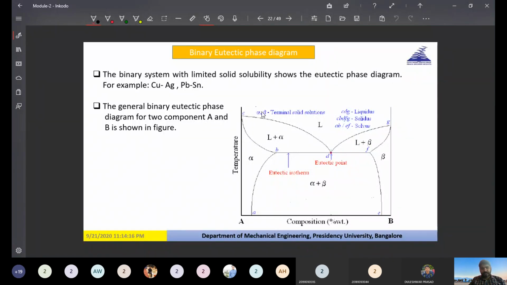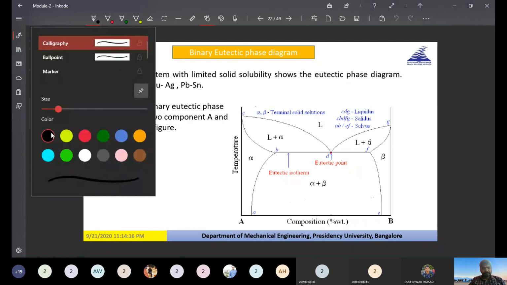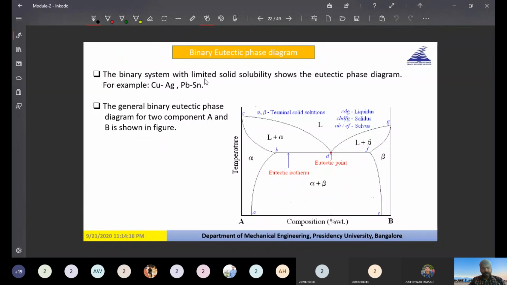And we have also learned about the isomorphous diagram, in which we, let me take the pen. So when anybody asks you, you will simply draw like this.